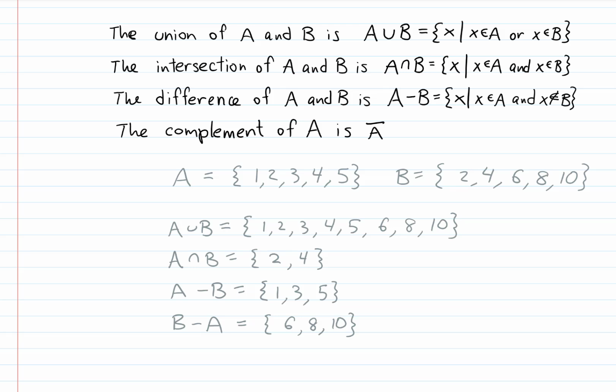And here's the definition. It's a set of all x such that x is not an element of A. Now we're not going to do that for the example I've written in gray. It'll be too many numbers.